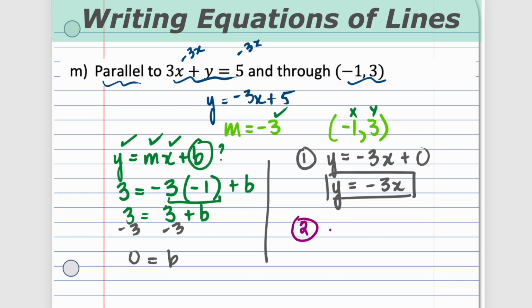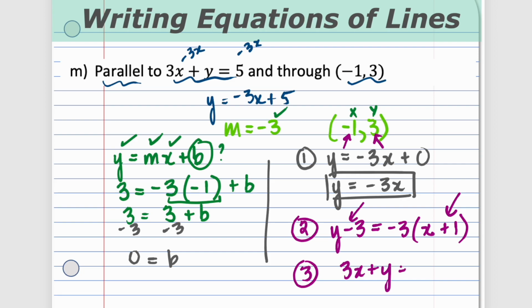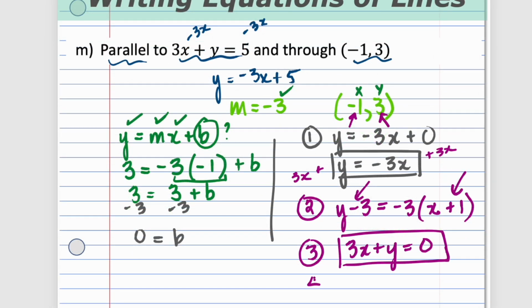Point slope, we'd write y minus 3 is equal to -3 bracket x plus 1. Remember those signs change from here in the point slope form. And then the general would just be 3x plus y is equal to 0, because we would add 3x both sides to make sure the coefficient with the x is positive. And that form is also the standard form.